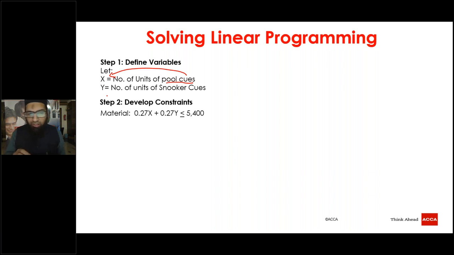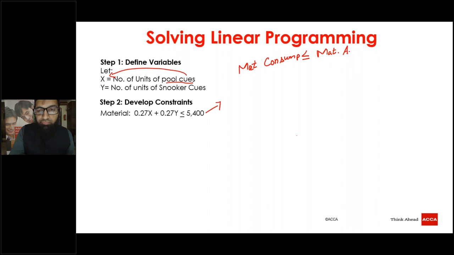Now how did I develop that? Let's see this. The basic constraint is that my material consumption should be less than or equal to material available. This is the limitation. I can only consume the material which is available. Correct?